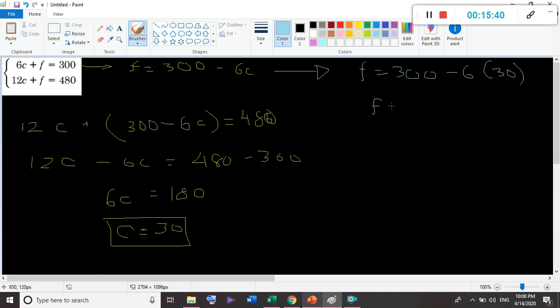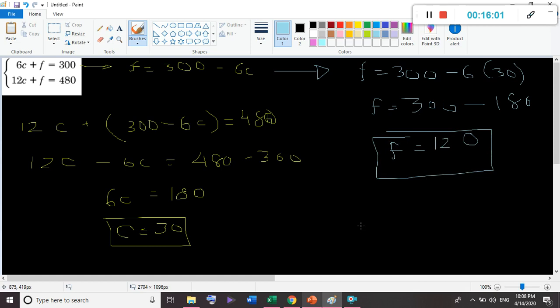So F equals 300 minus 6 times 30, which is 180. So F equals 300 minus 180, which is equal to 120. Now we found the answers for C and F, the cost of the piano lesson and the one-time fee.